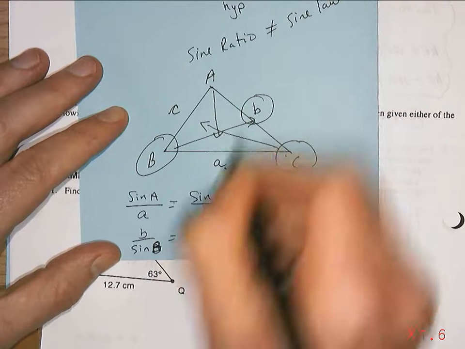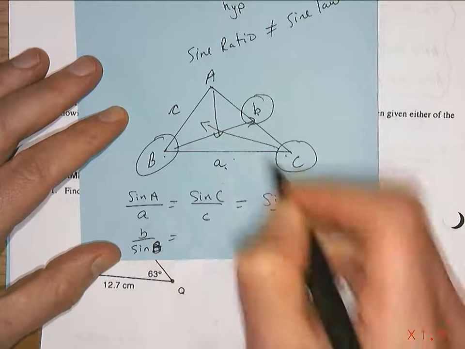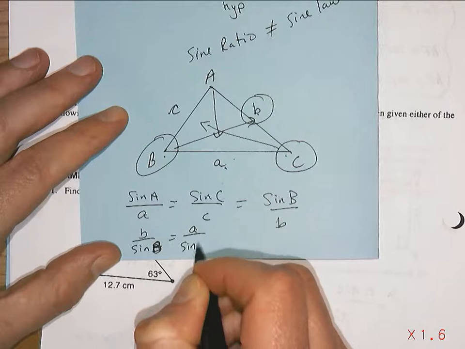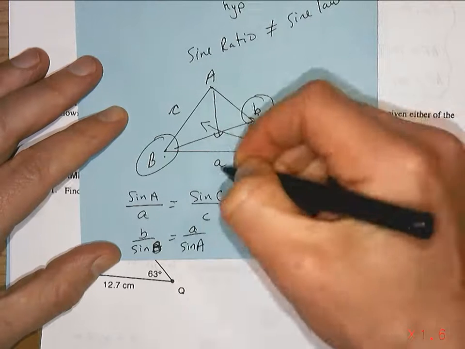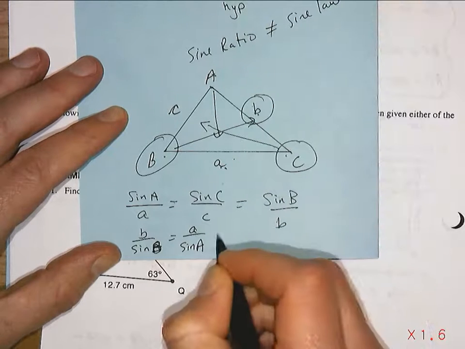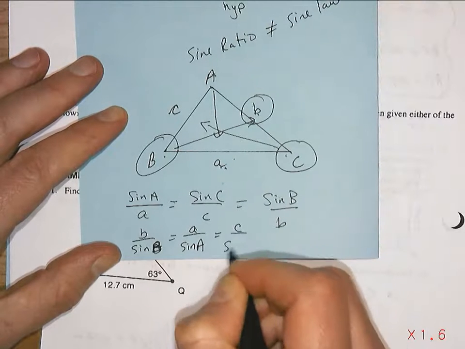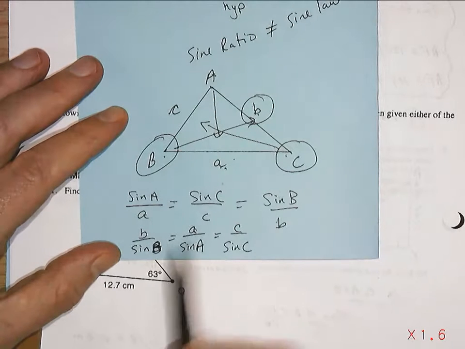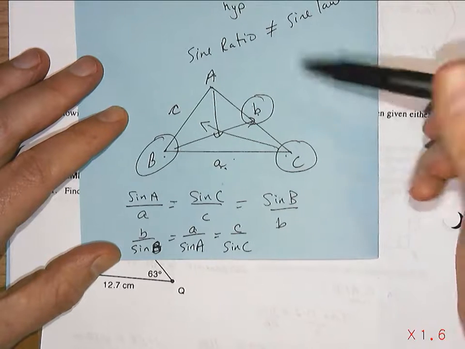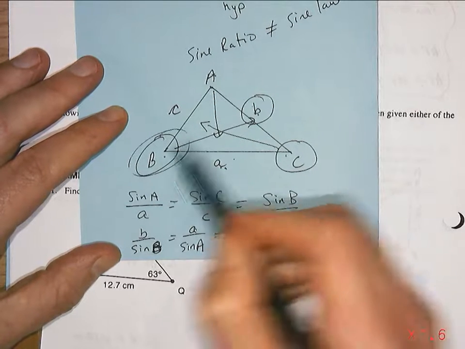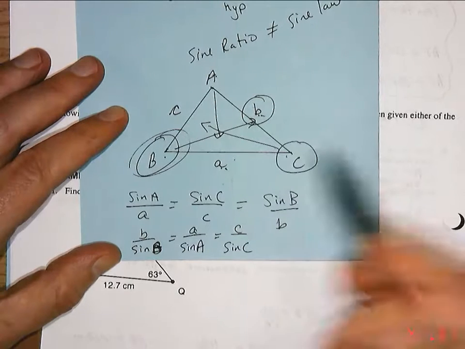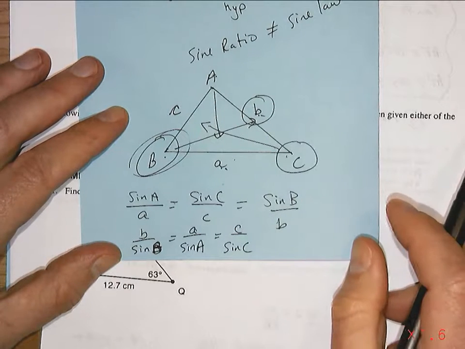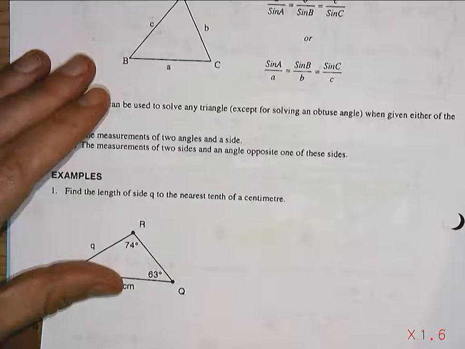That has to be B because I did side B. So then it would be equal to side length A over sine A, because side A, angle A. And then side length C over sine C. So it doesn't matter which way we go. The idea is that the sine of the angle divided by the side length will equal the same for any of the angles and sides of any triangle.